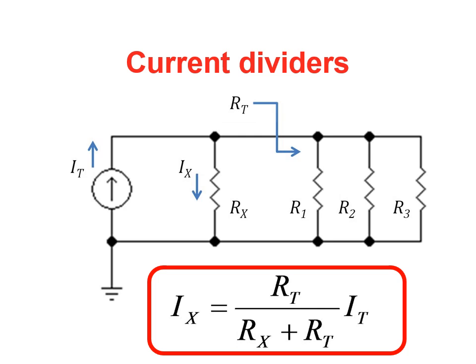That will be your RT. Then divided by RT plus Rx, because you are looking for the current on resistor Rx. Then you multiply that by your total current. That's the current divider equation. If you're looking for the current in resistor 1, then Rx plus R2 plus R3 will be your effective resistance RT that you need to calculate first.